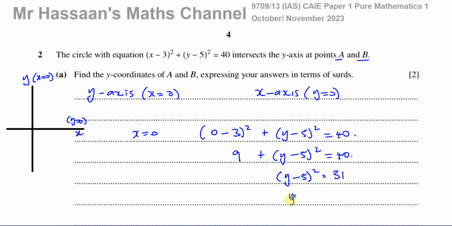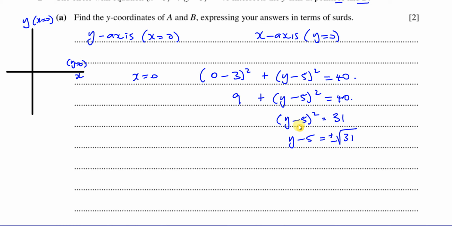So therefore we can say y − 5 is equal to, now we're going to have two possible answers. When I take the square root of 31, I'm going to have either positive square root of 31 or negative square root of 31. And that is what produces our two answers. So y is going to be 5, add 5 to both sides, plus or minus the square root of 31.